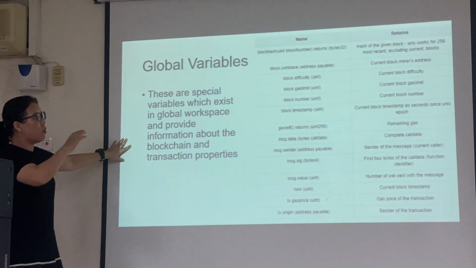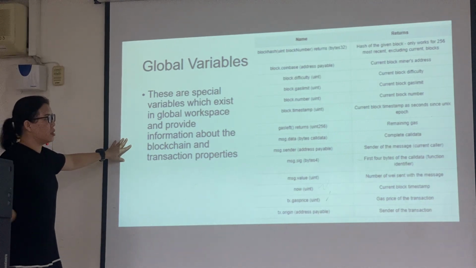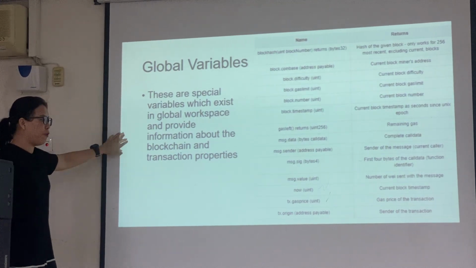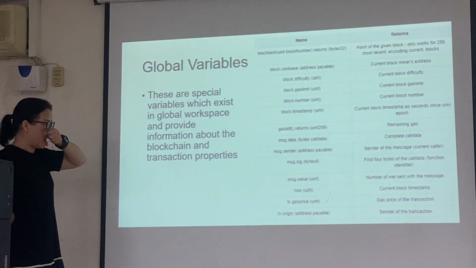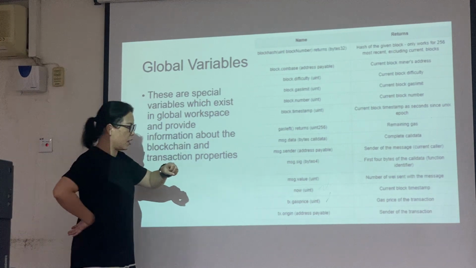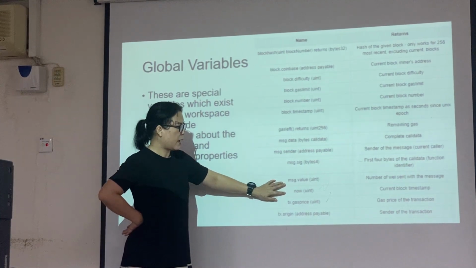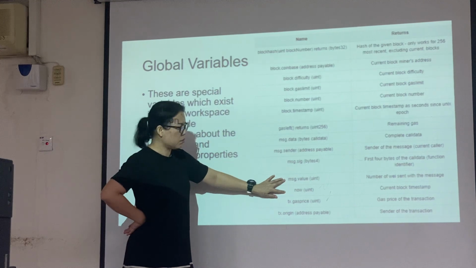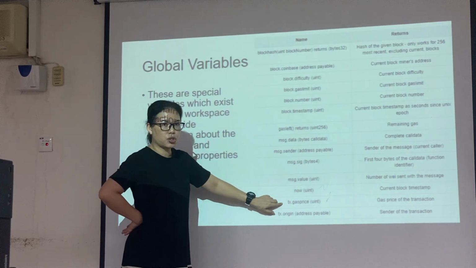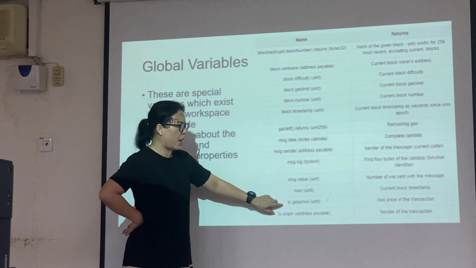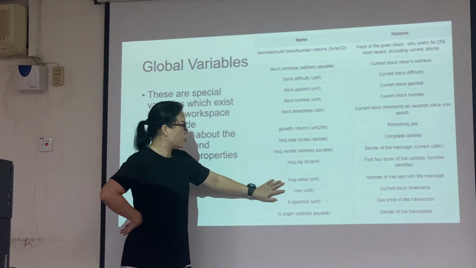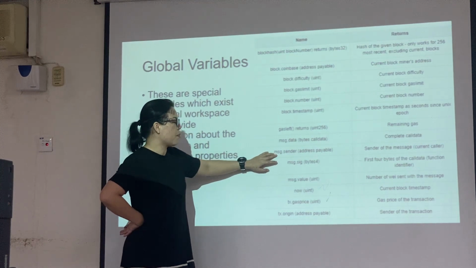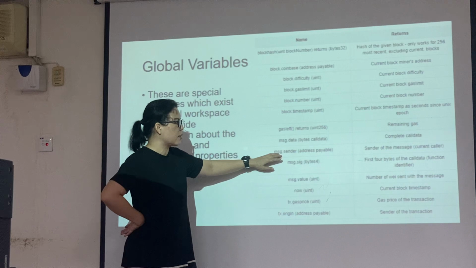So what I wanted to tell you over here is they have many. I don't capture everything for you, but I just wanted to tell you what we are using now: msg.value. So you can go and look for the transaction gas fee or gas price also. This is the gas price of the transaction. Then we have msg.sender, which I mentioned just now, the address type.